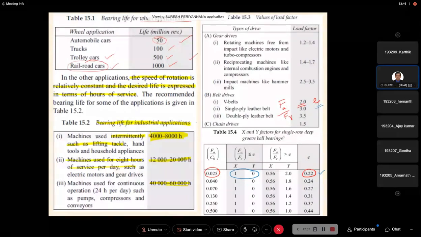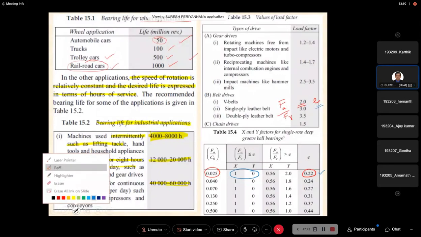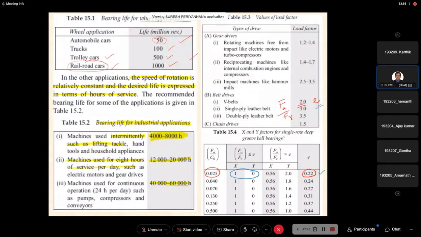Suppose now I am designing another bearing. This was bearing 1. Now I am going to do the second bearing design.